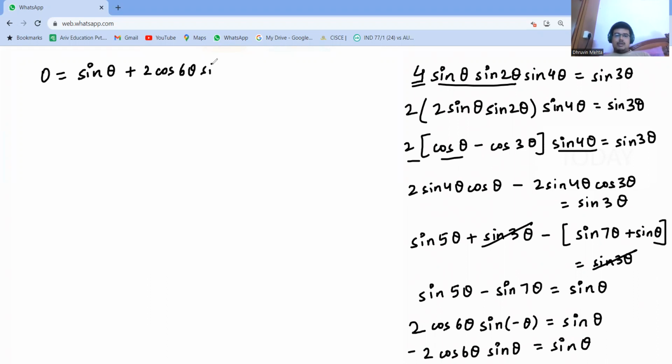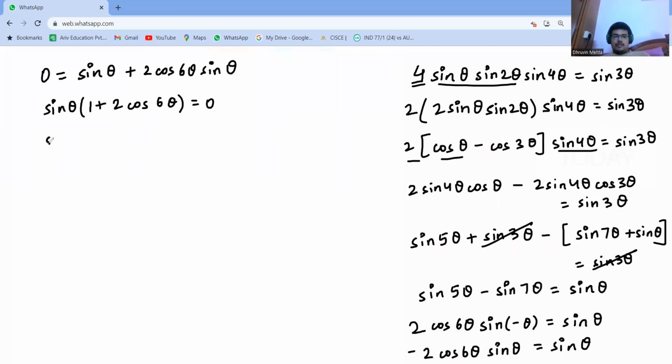Now, few people can make the mistake of cancelling sine theta. We cannot do that, because sin theta is a variable, it's not a number, it's not a constant. Now we'll take sin theta common, so in the bracket we will get 1 plus 2 cos 6 theta equal to 0.